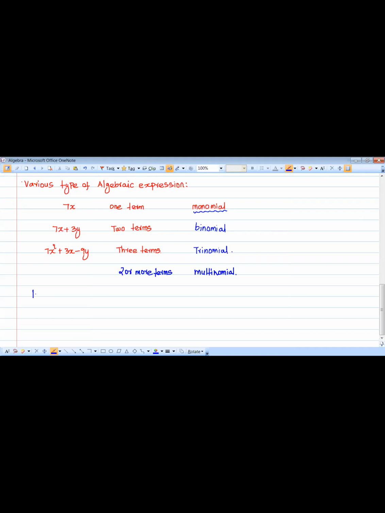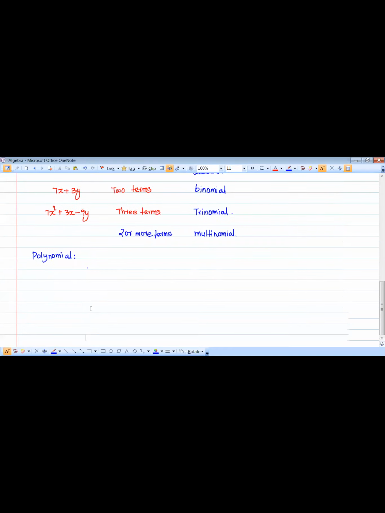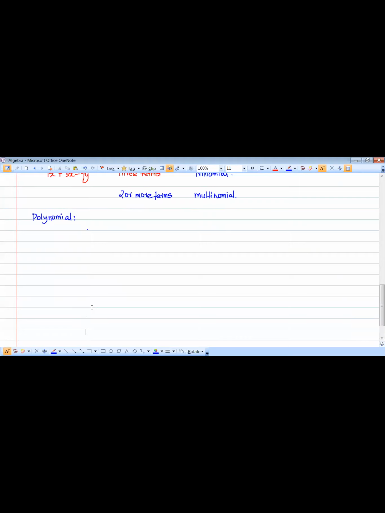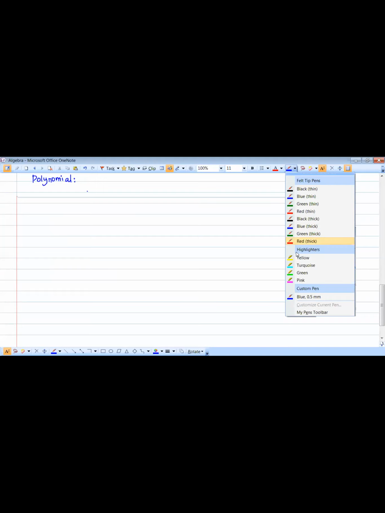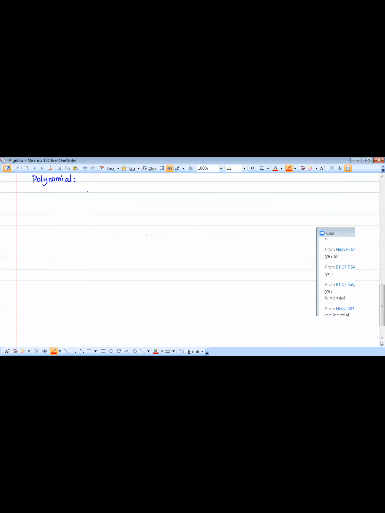This is the most important topic in this chapter, polynomial, because we are going to solve many questions based on it. Let me explain what a polynomial is. So what is a polynomial?